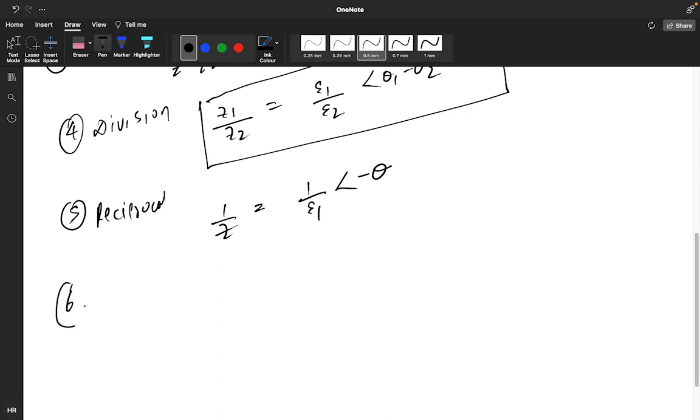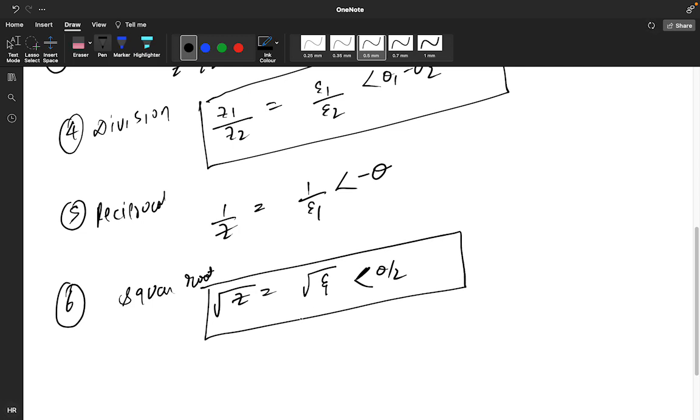For square root, root under z means root under zeta, angle will become theta by 2. Angle will be divided by 2. Okay, this is your magnitude part.